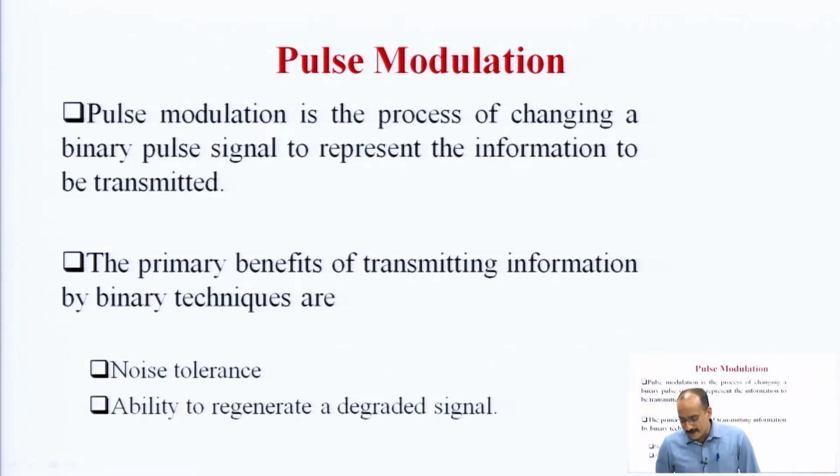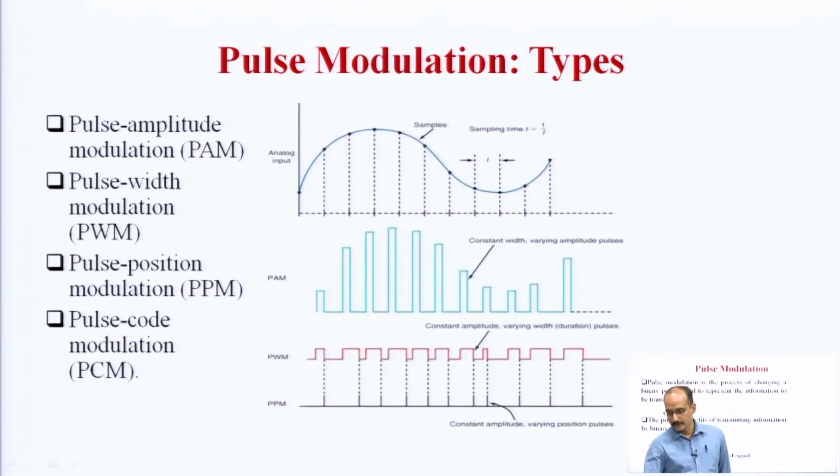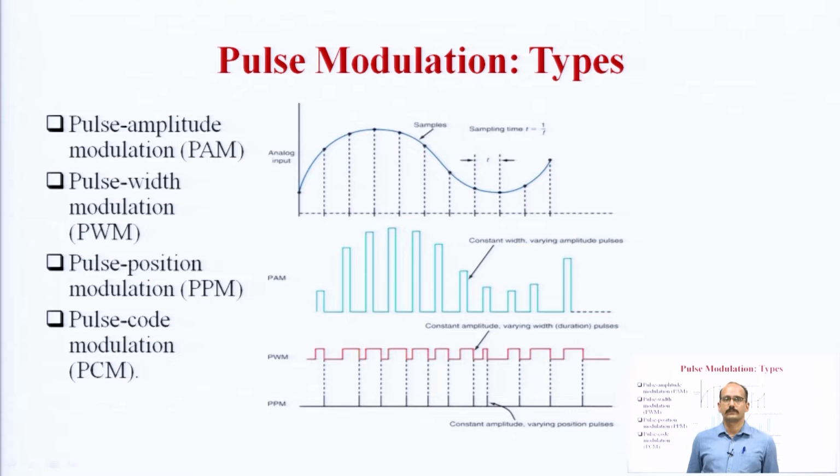The primary benefits of transmitting information by binary techniques are noise tolerance and the ability to regenerate a degraded signal, because whenever noise is introduced the signal will be degraded, but with binary techniques we can easily regenerate the degraded signals. So, what is pulse modulation?